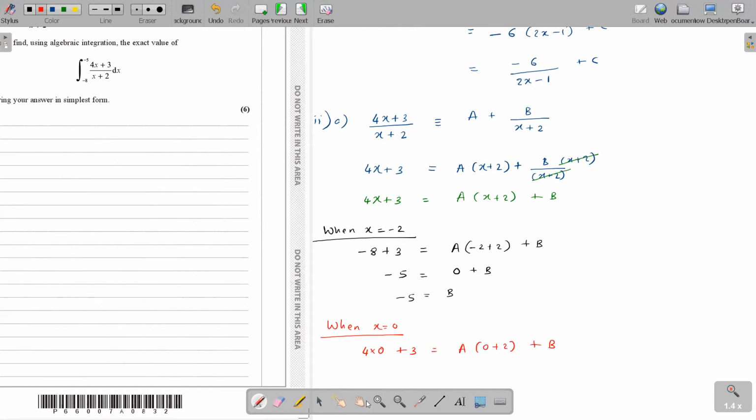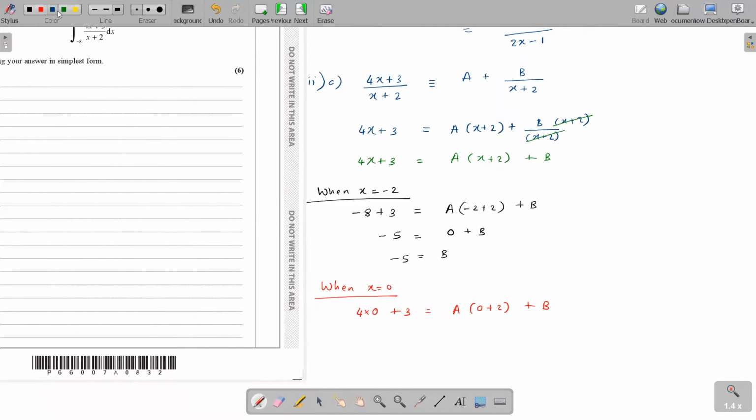Remember to input the b value because we found b. So 0 plus 3 equals 2a plus b, which is minus 5. So 5, 6, 7, 8 equals 2a, a equals 8 divided by 2, a equals 4.